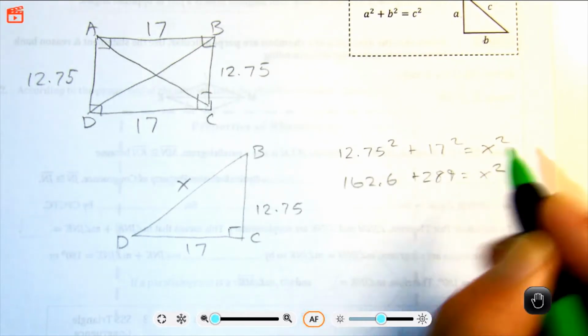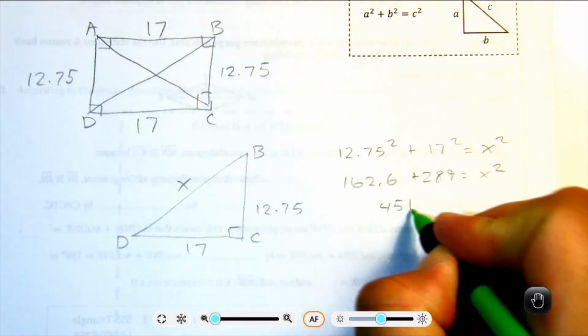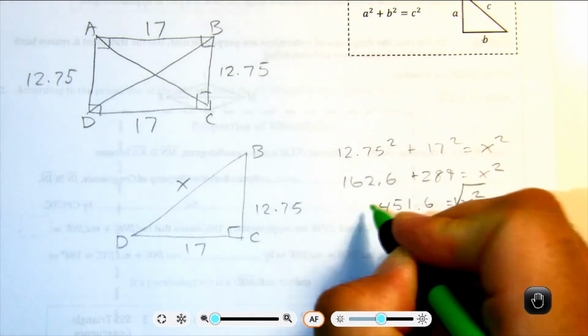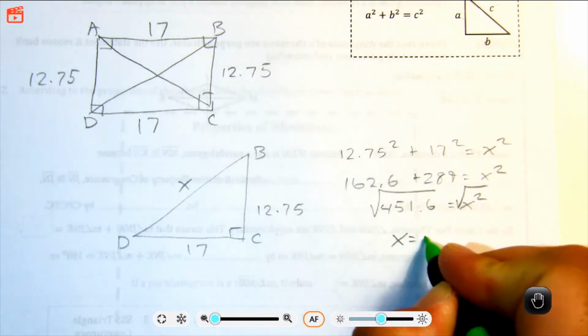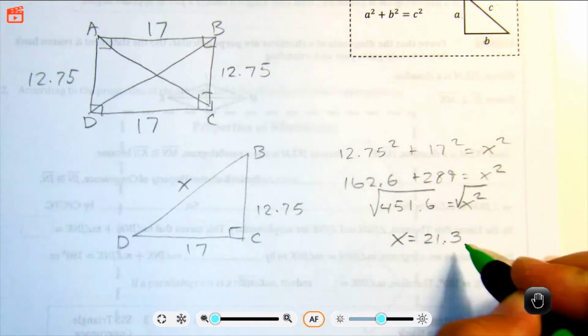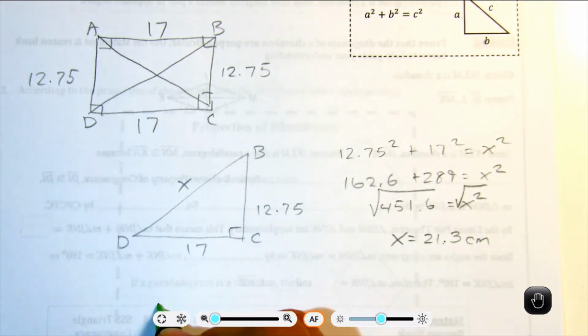And 289 plus 162.6 is 451.6 equals x squared. And then we take the square root of both sides. And we get x is equal to 21.3 rounded. And that would be centimeters. So what that means is that DB is equal to 21.3 centimeters.